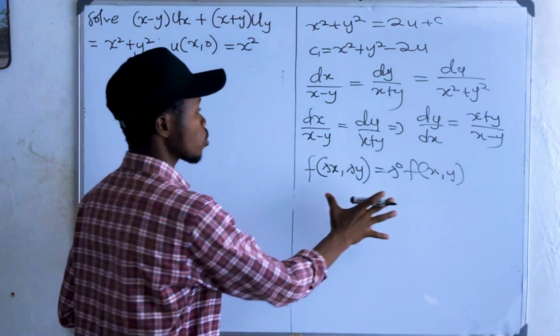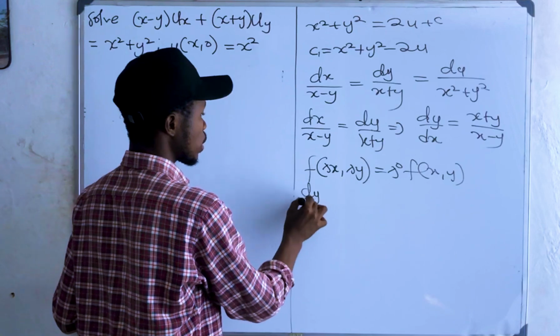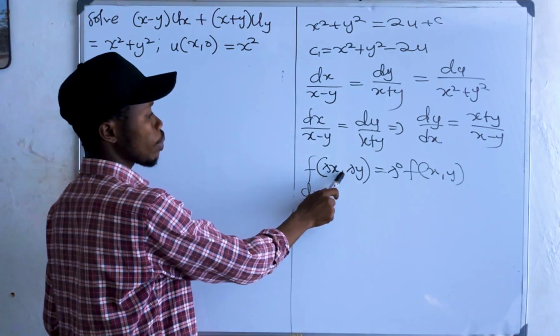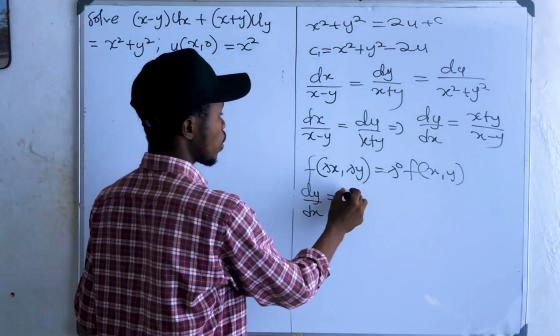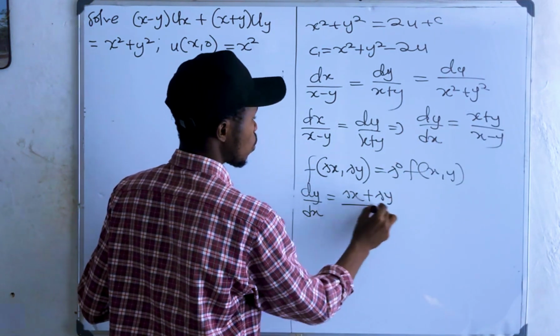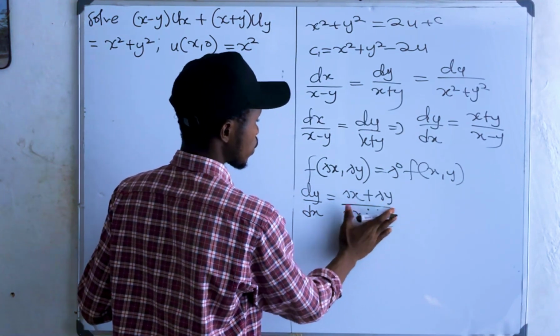Okay, so let's do that and see. What this one means is that wherever I see x, I should put lambda x instead of x. So I'm going to have lambda x plus lambda y, all divided by lambda x minus lambda y.